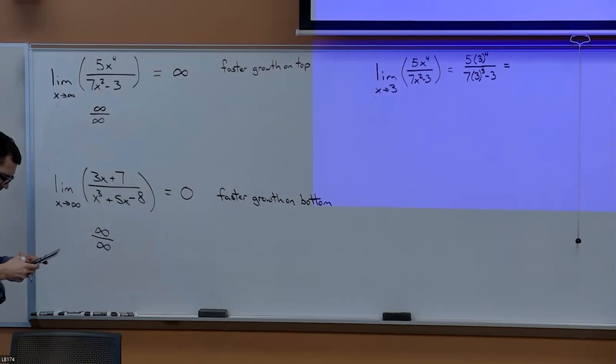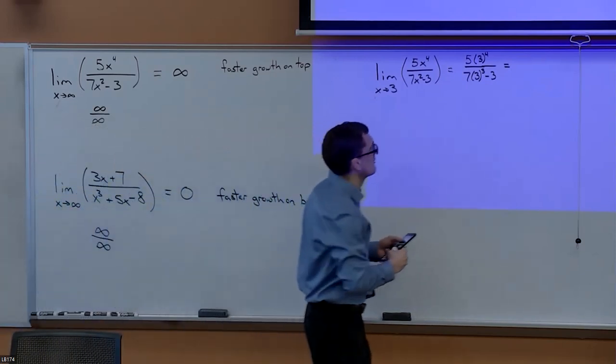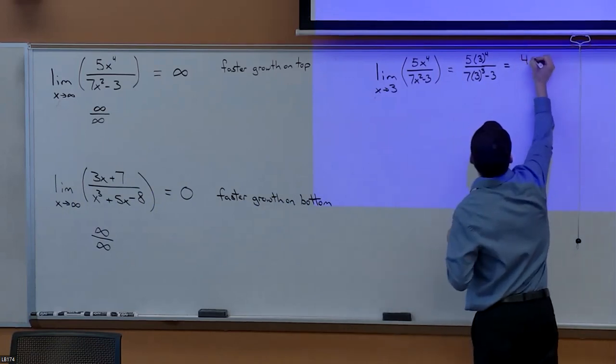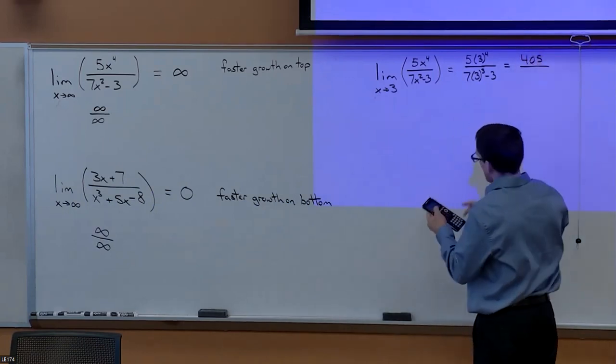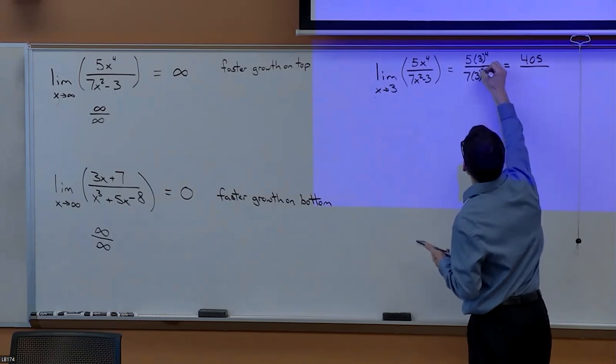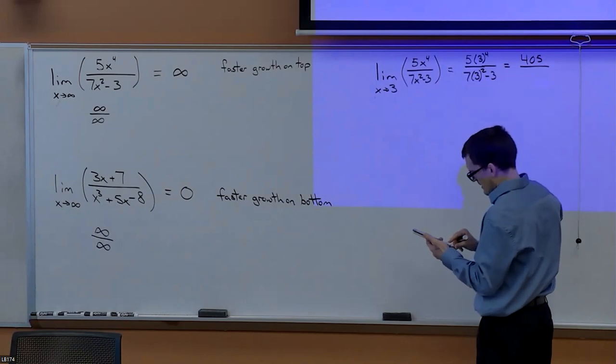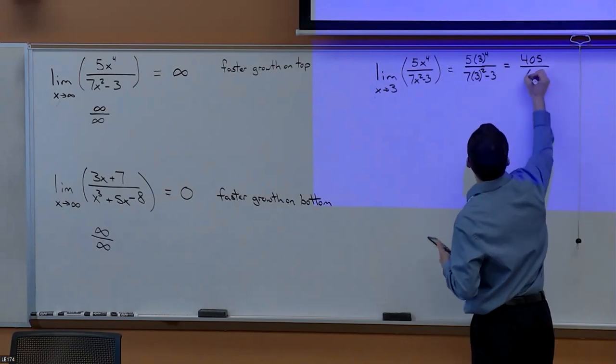5 times 3 to the 4th is 405. And 7 times 3 squared minus 3 is 60.